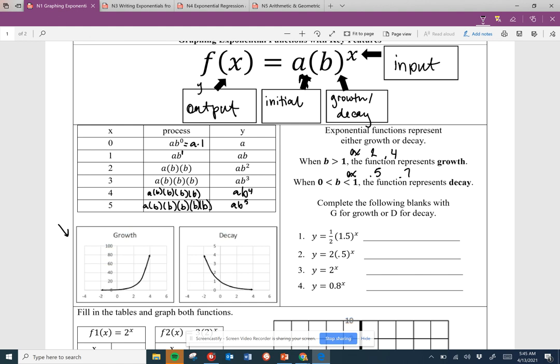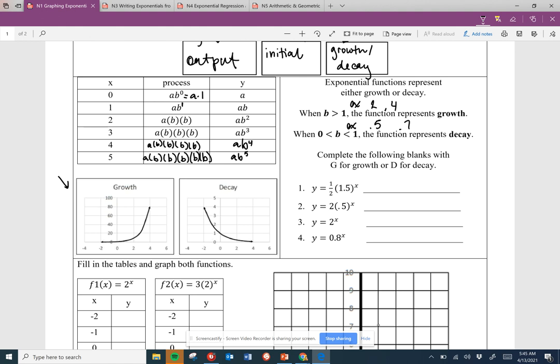So here you can see the b value is always the number that's being raised to the x power. Here you can see that a is 1/2 and that b is 1.5, which makes this a growth function because the b value is bigger than 1. Example 2, we know that a is 2, b is 0.5, so that's going to be a decay function since 0.5 is in between 0 and 1.